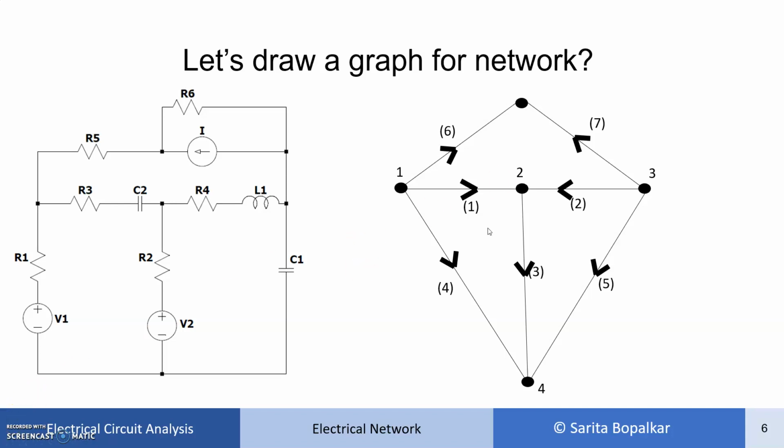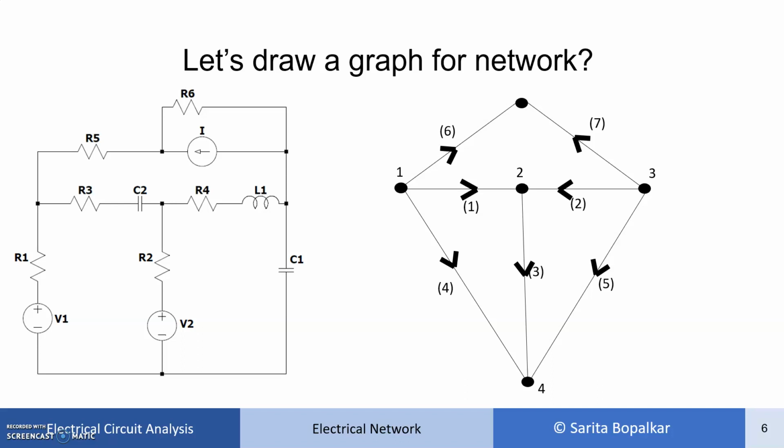So here this is the procedure to draw a graph of a network. First step, always mark the nodes, then connect the nodes by the line segment which holds the network element. It can be capacitor. Another, if your branch holds current source, you have to replace it by open circuit, meaning there is no need to draw a line segment.